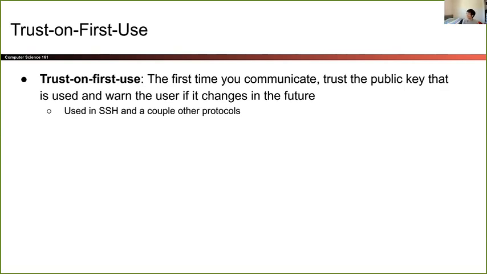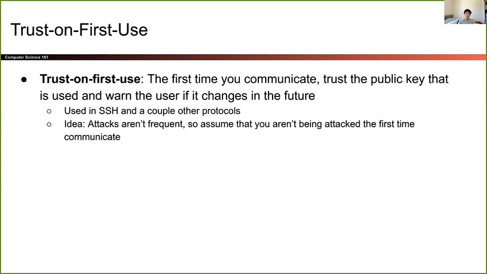And then if you've ever SSH'd into the Hive machine or the Project One VM, sometimes you'll see a message like, oh, the host key changed, because the idea is if it changed, then the attacker is probably attacking you now. And the assumption that we're relying on is that attacks aren't frequent. So we're going to assume that attacks aren't happening the first time we communicate.